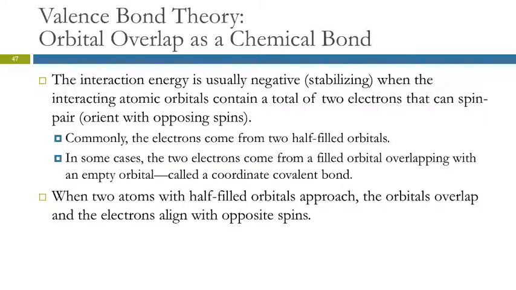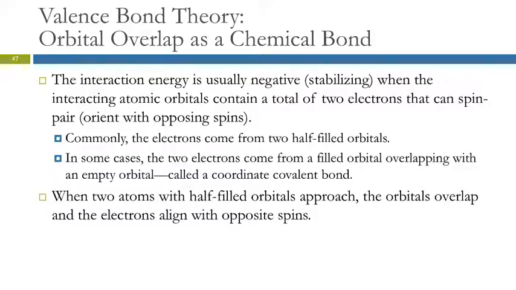When you have atomic orbitals that interact, so you've got an overlap of 2 atomic orbitals, and we've got a pair of electrons in the overlapped orbitals, they can spin pair. So you'll have one spin up and one spin down. Usually the two electrons in that overlapped orbital are going to come from two separate orbitals. One electron from one atom, one electron from the other.